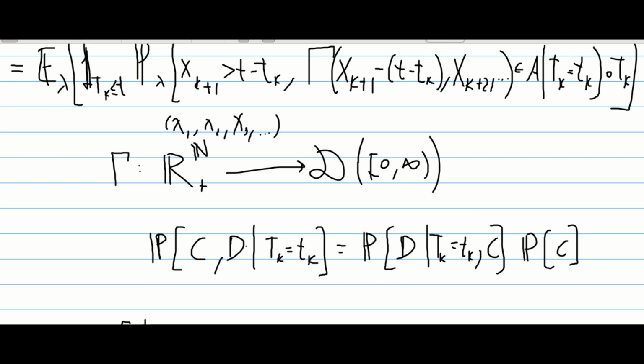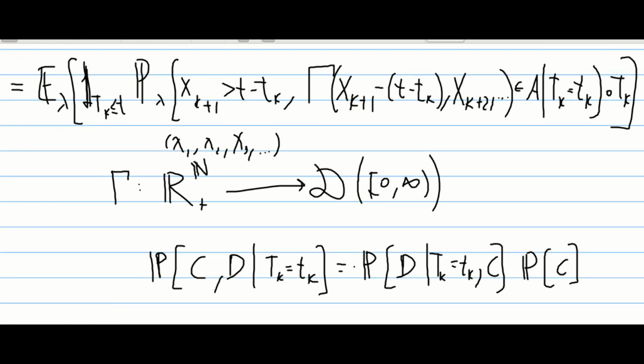Okay, here we have an intersection. The intersection is different from the conditional by this extra probability. So if we put this probability underneath here, you can see the definition of conditional probability. This fact is true for probability of simple events.